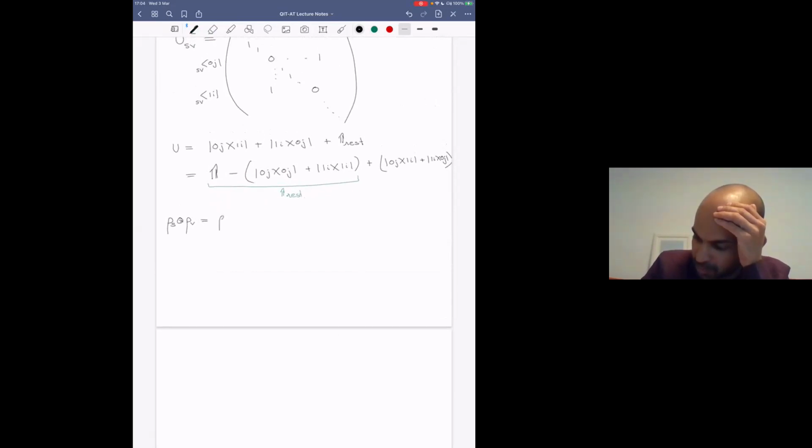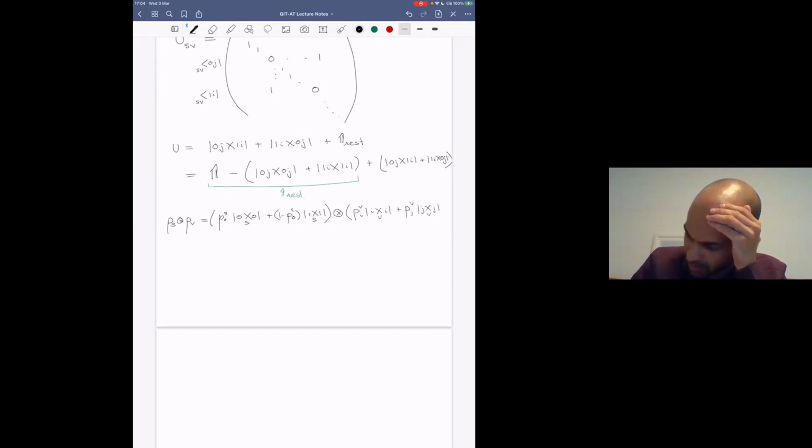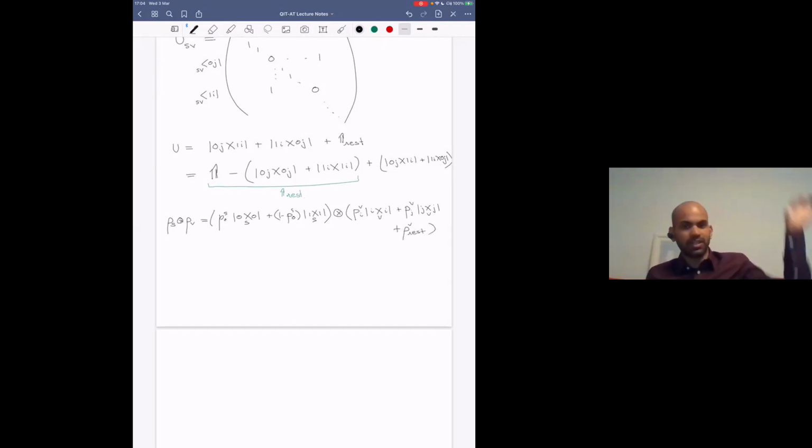I have P_S 0, 0 on S plus 1 minus P_S 1, 1 on S. And this is tensored with the state of V. The only thing I know about the state of V is I have a P_i^V on ii of V, P_j^V on jj of V, and then I have a rho V rest, which just reflects the rest of the density matrix that I haven't included by writing these two terms.